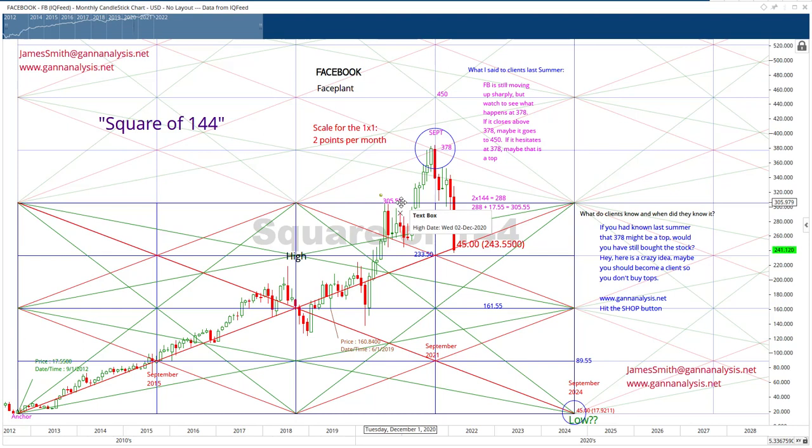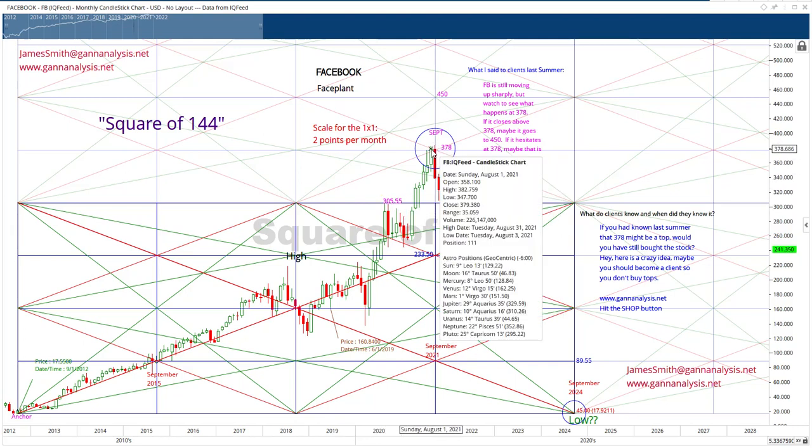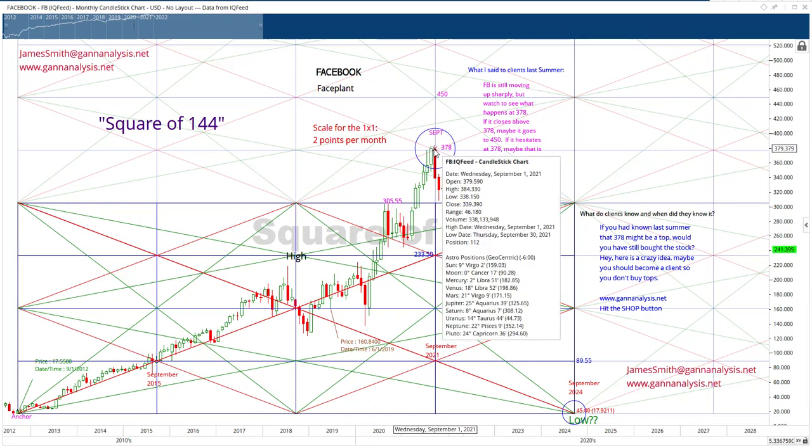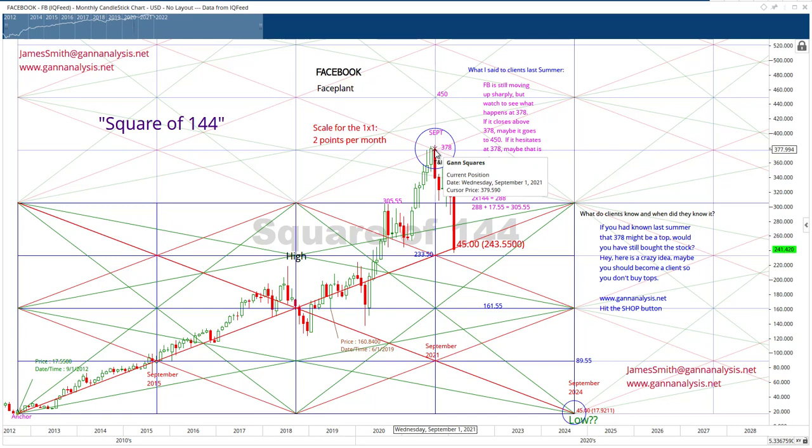So effectively, you would have caught this high if you'd just done the count. Obviously it's easier with the software, but I'm saying this was an important top. And if you weren't doing Gann, you probably didn't see this in advance. You had no idea that would happen. But with Gann, we do have an idea.